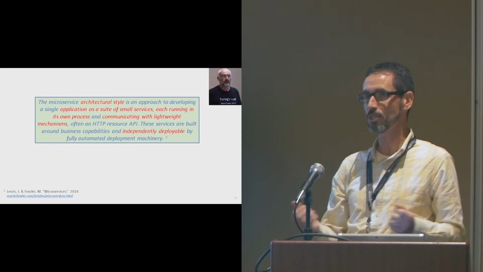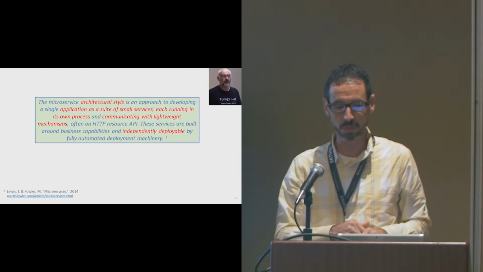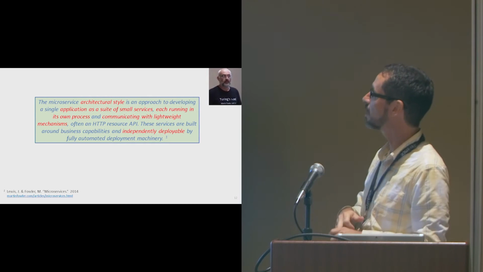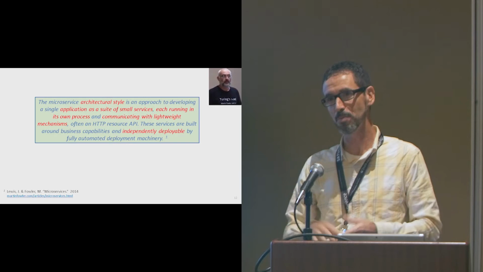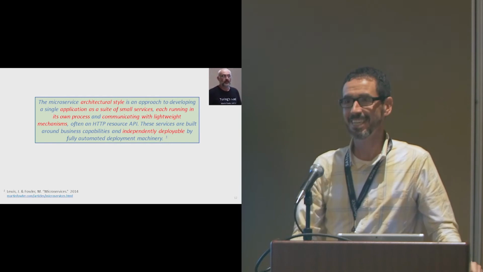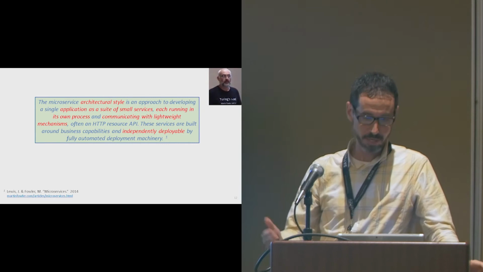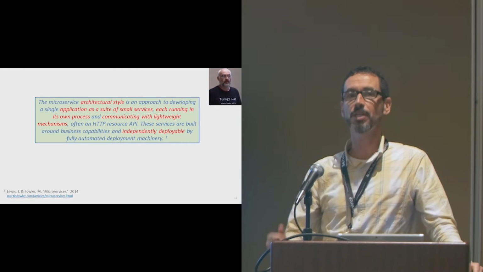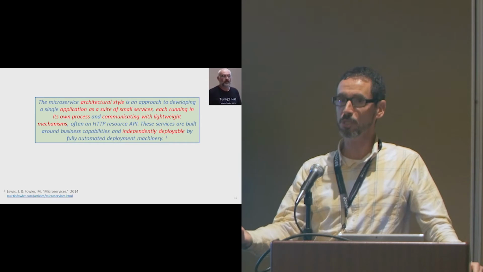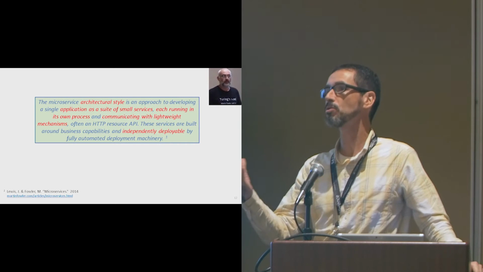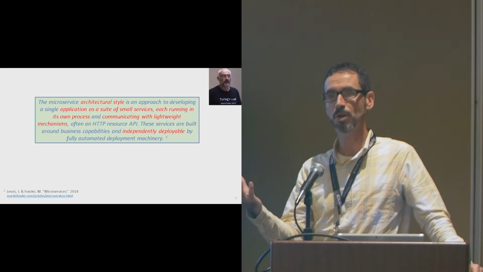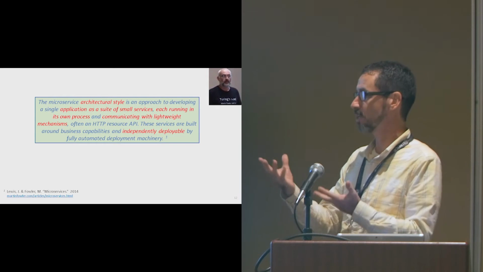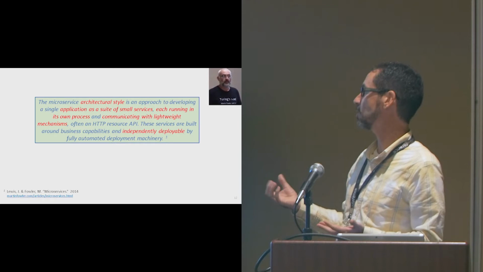And there are a lot of definitions out there, and here's one by James Lewis. And this is a picture. James Lewis came to SATURN last year, gave a talk about microservices, very interesting talk. It's on YouTube, worth watching. And they say, this is him and Martin Fowler, that microservices is an architecture style where you build an application as a suite of small services, each one running in its own process, and they communicate using lightweight mechanisms, typically a resource API, say a REST API.